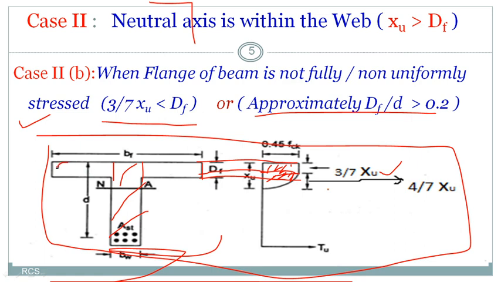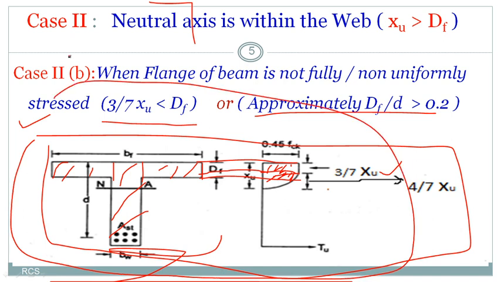Then we consider the flange region, the two parts on either side of the beam, and calculate the moment of resistance in this flange region. If we add together the moment of resistance in the flange region and in the web region, we will get the total moment of resistance of this T-beam.